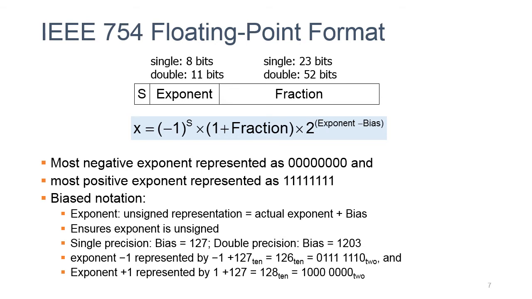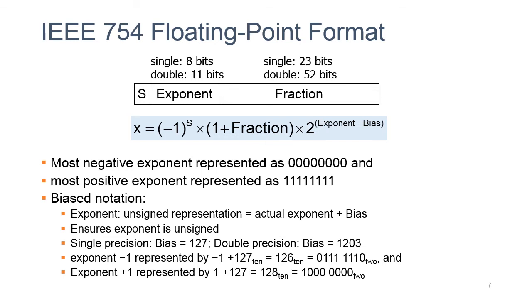Biased exponent means that the value represented by a floating point number is really (-1)^S × (1 + fraction) × 2^(exponent - bias).